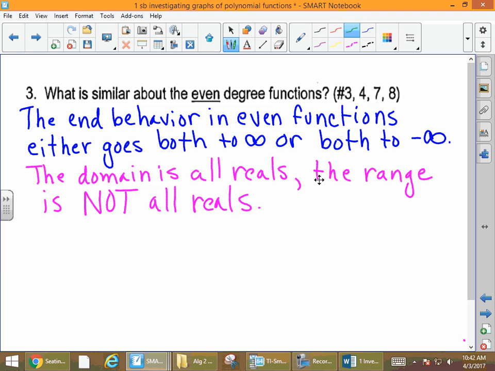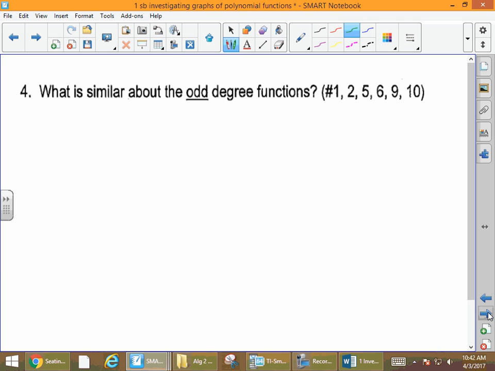In contrast, when we look at the odd functions here, 1 through 5, 6, 9, and 10, what happens is that the end behavior goes in opposite directions. The end behavior is either to infinity and to negative infinity, or vice versa.